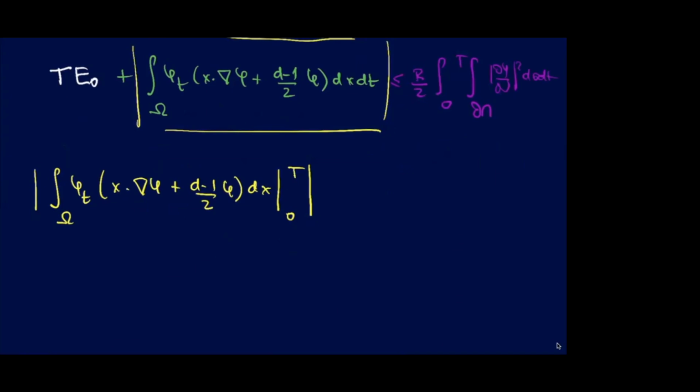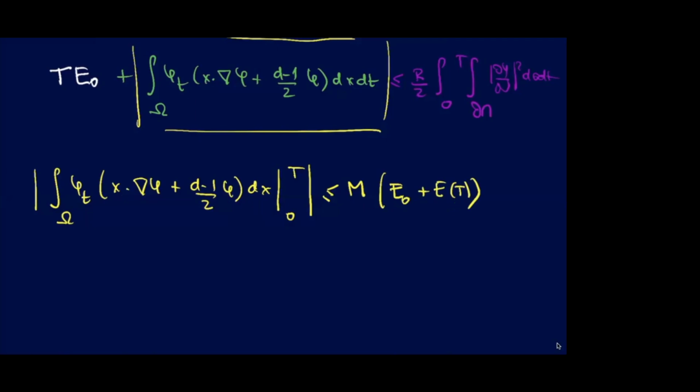But basically what I can say is that there is some constant m so that this quantity is less than m times the energy at time 0 and the energy at time t.